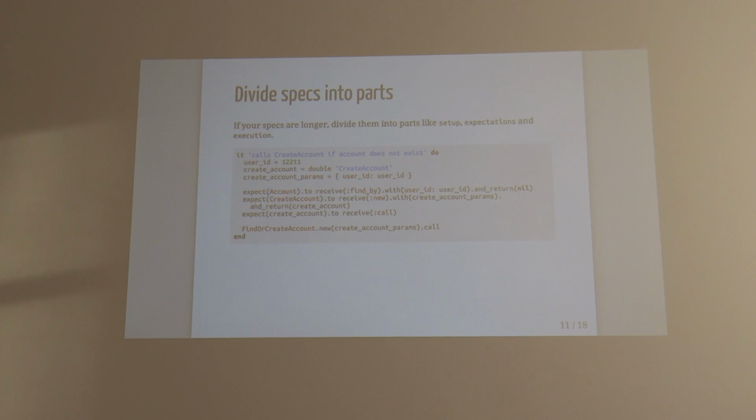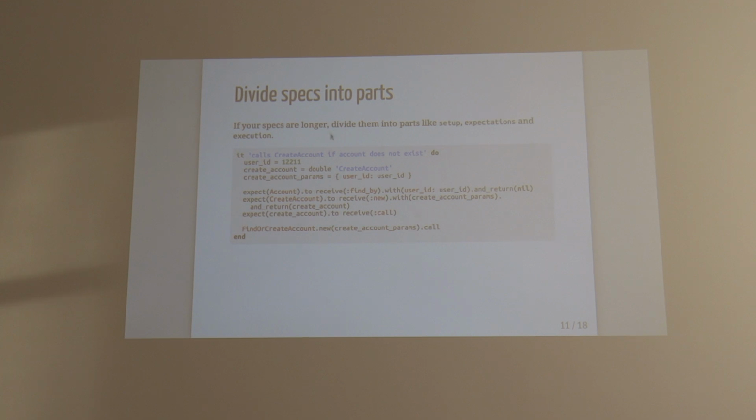And this in turn will execute the create account new, and create account will receive call. So this is the expectation part, and this is the execution or assertions part.